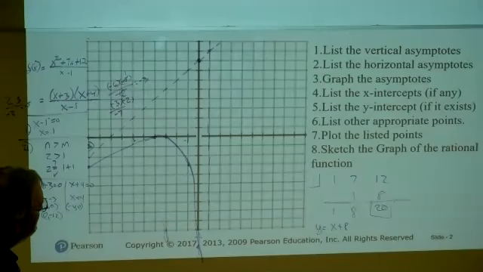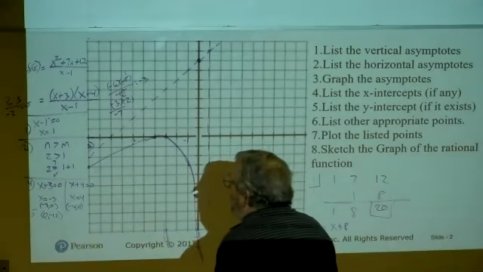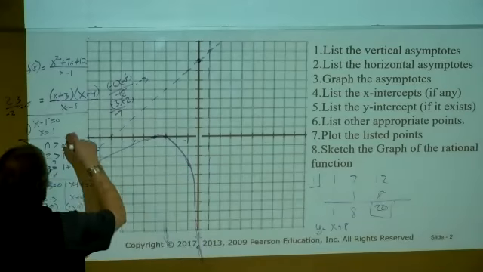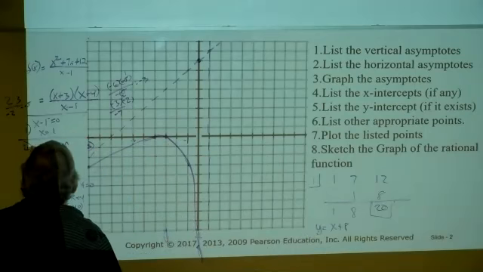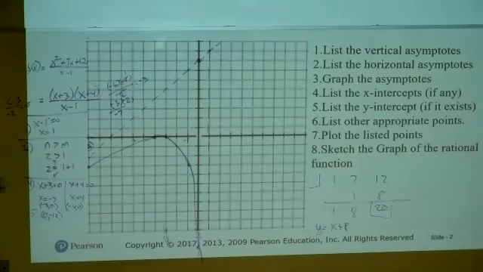Yeah, I would think this out better. I would make one of these x-intercepts on one side and the other x-intercept on the other side of the vertical asymptote.